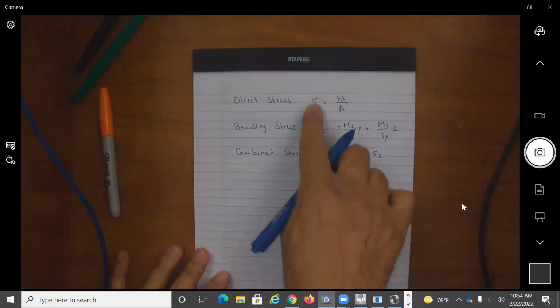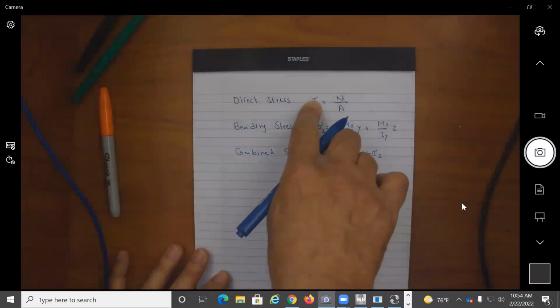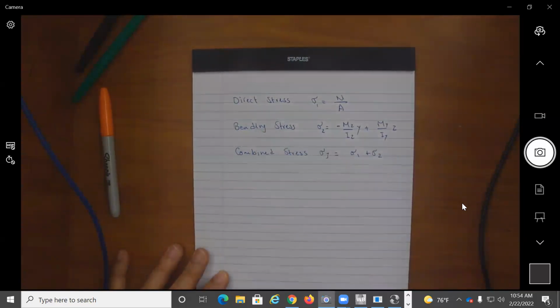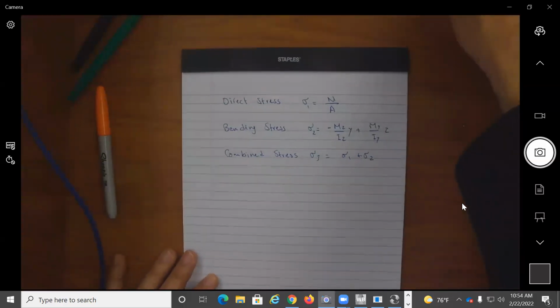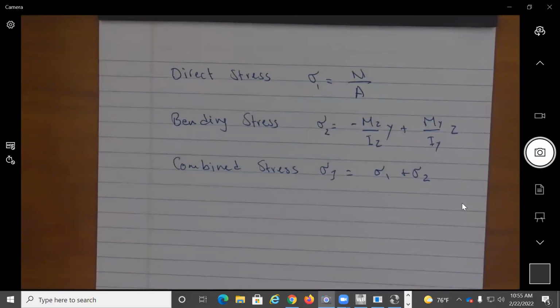So this is why when sigma 1 was 0, the combined stress was the same as the bending stress. So, is the concept clear?